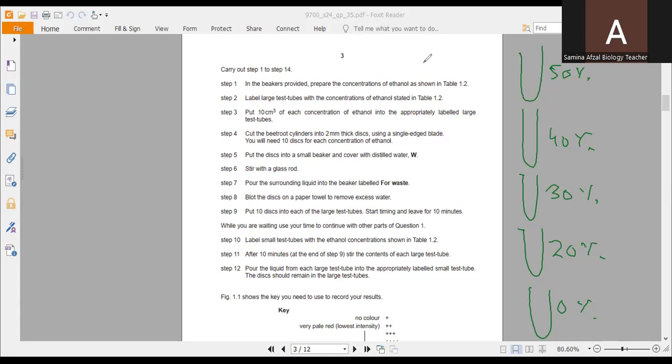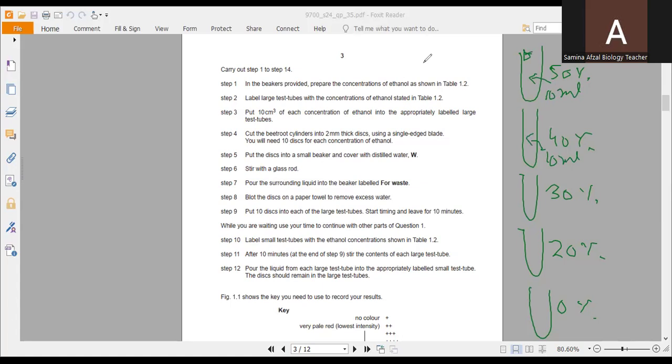Now step 3 is put 10 cubic centimeter of each concentration of ethanol into the appropriately labeled large test tubes. So 10 ml of each concentration, those concentrations which you had made.